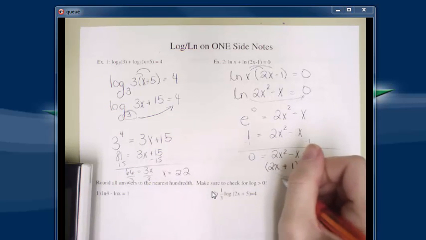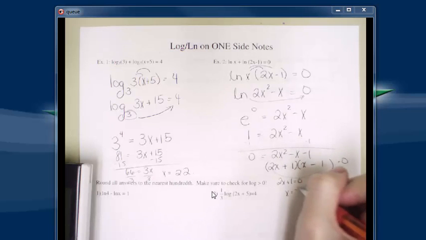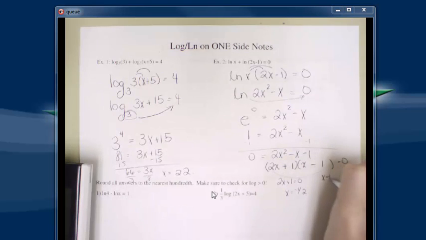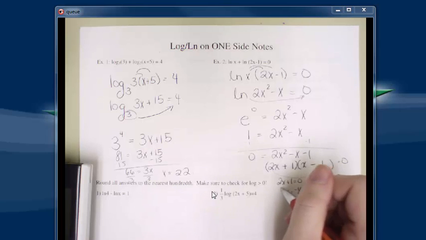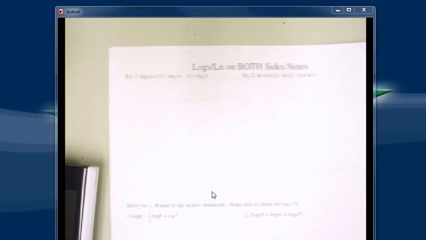So I solve these. 2x plus 1 equals 0, x equals negative 1/2, and x equals 1. So this one is negative, so we're going to cross it out. We reject our negatives.